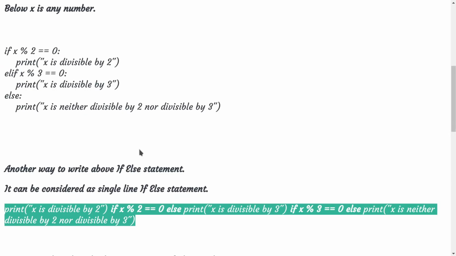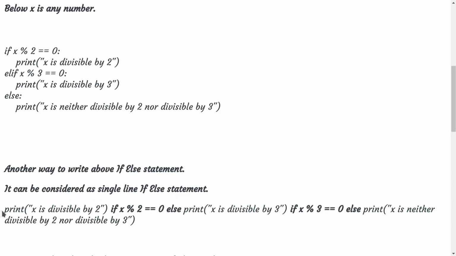Here the change is that first we need to write the statement and then the condition. For example, here first we write the statement print x is divisible by 2. So it is a statement. Then we write a condition that if x is divisible by 2, and again else is a condition, then again a new statement print x is divisible by 3.